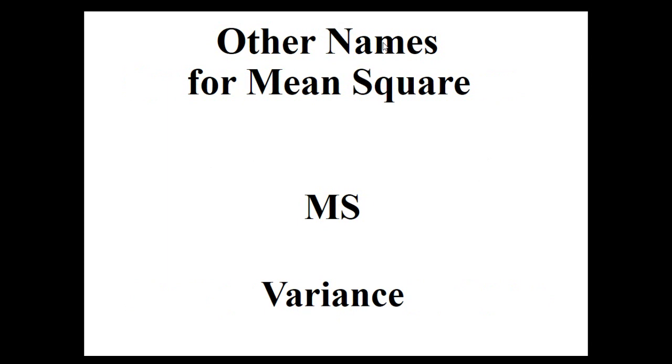In fact, psychologists use the term variance a lot more than the term mean square. So you really want to learn these names, right? And their abbreviations: standard deviation and SD, or mean square, MS, or variance, and know that they all mean the same thing.